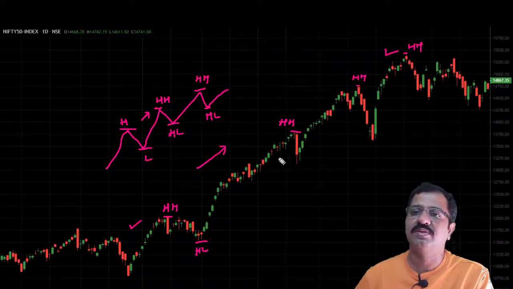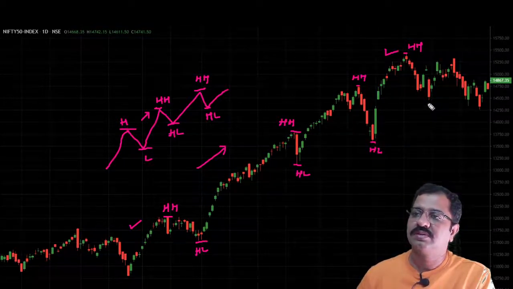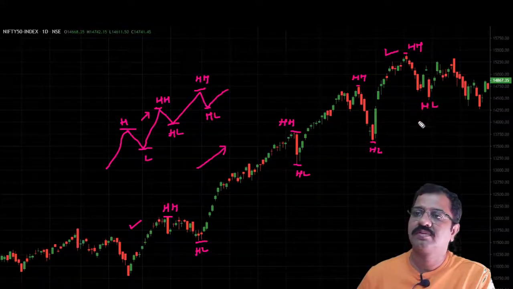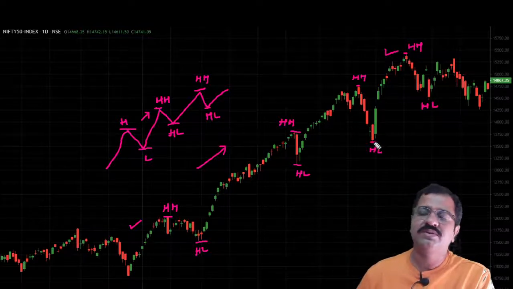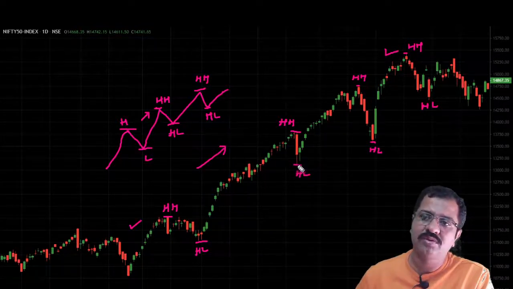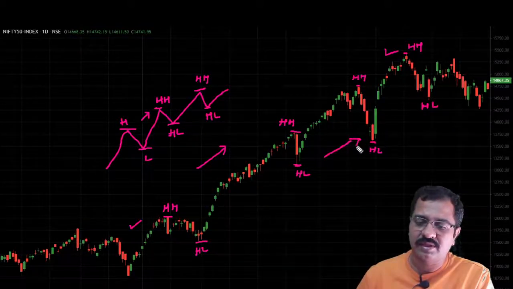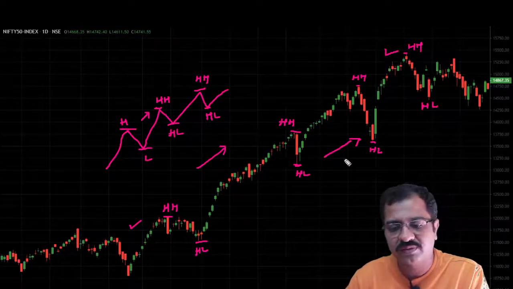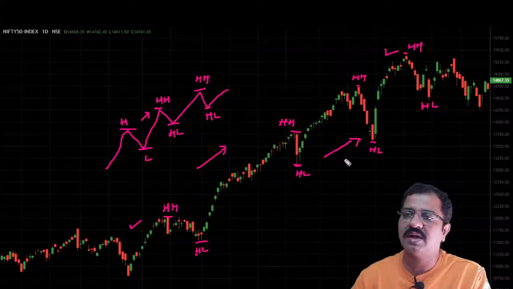This is a higher low, this is a higher low, this is a higher low, right? Why do you say this is a higher low? Because in comparison to the previous low, which was this one, this is on the higher side, so this is a higher low. So when higher highs and higher lows are forming on the chart, this is an uptrend.